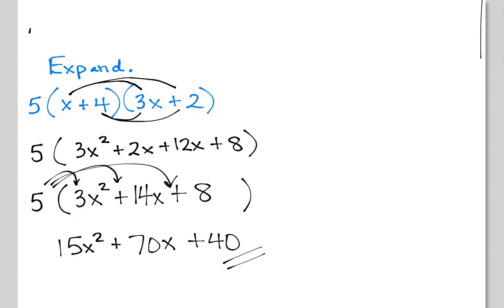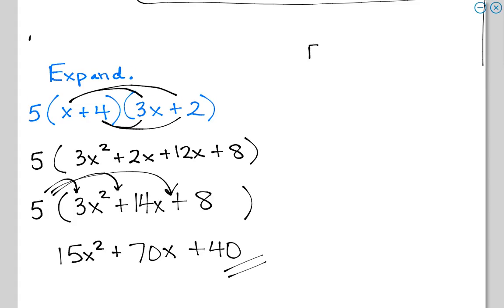Plus 4 extra groups of 5. Because 14, you could think of as like 10 plus 4, right? 5 groups of 10 is 50. 5 groups of 4 is 20. 50 and 20 make 70. It's like mental math, right?